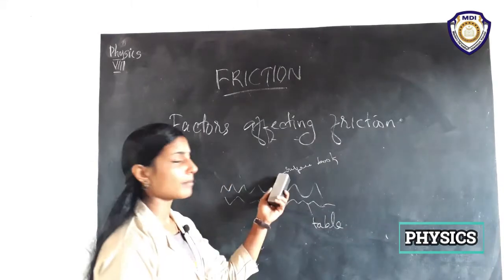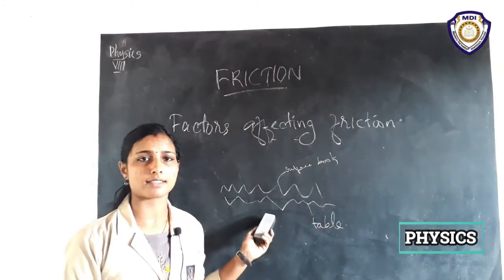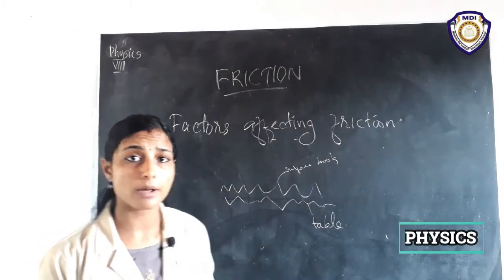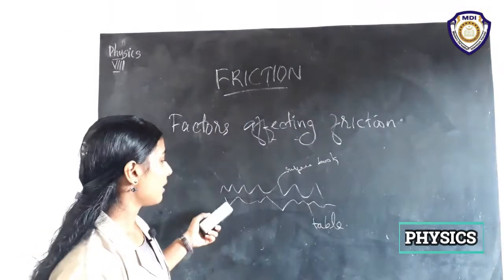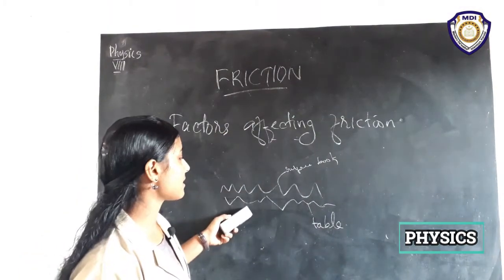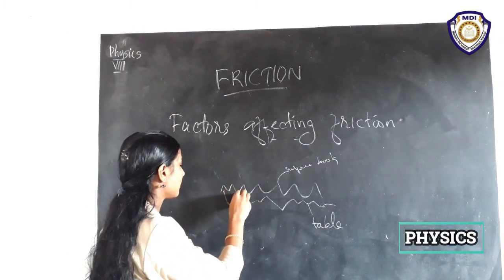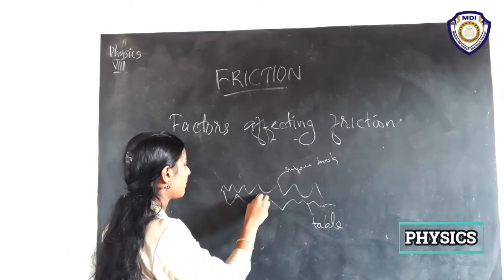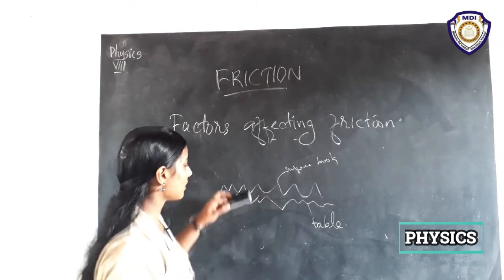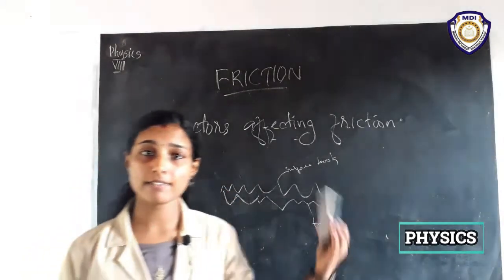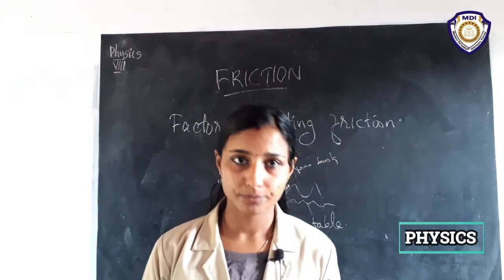There may be some irregularities on both surfaces. Every surface has some irregularities, and when these two are in contact, these irregularities will make an interlocking. This interlocking will cause the friction.